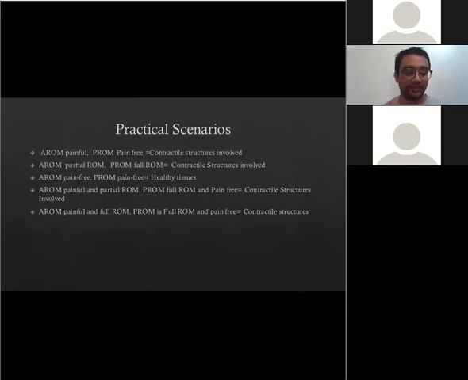When you checked passively, the capsule is not a problem here. If the capsule was a problem, passive range of motion should also not be full. So the capsule is not a problem because passively you can move the joint freely and there is no pain. There is no range of motion restriction and there is no pain. So the problem is coming from the muscle, tear of the muscle, could be anything, not just a tear. We'll come to that.